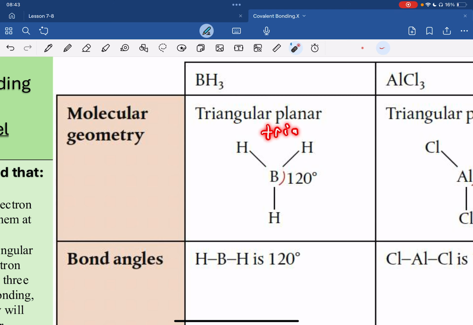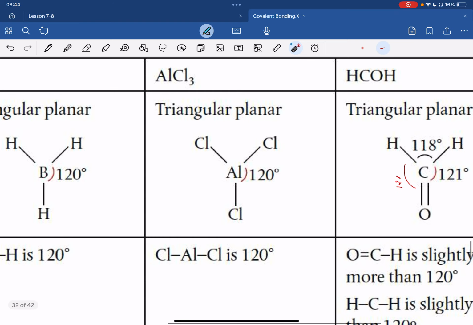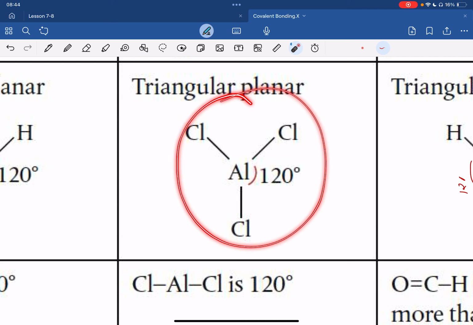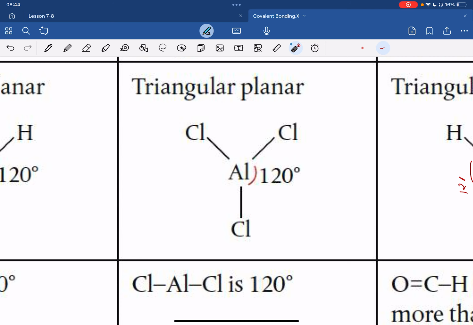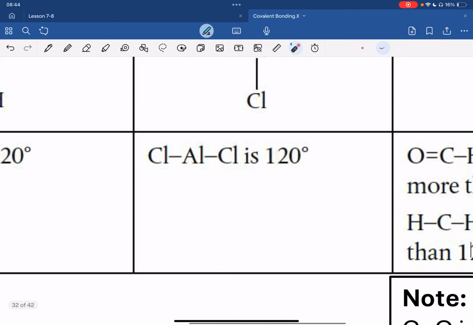You can also write it like trigonal planar, molecular geometry, and the bond angles are 120 degrees. Also, this one too. You see, again, this is trigonal planar. We don't have non-bonding, so the molecular geometry will not change. Also, molecular geometry is triangular planar. Also, the bond angle is 120 degrees.